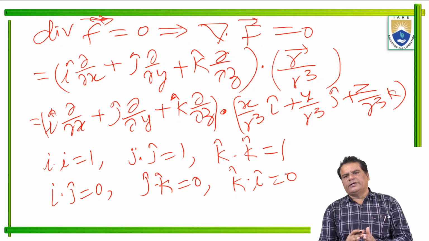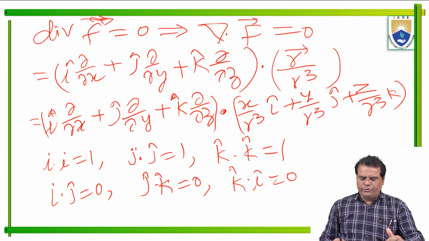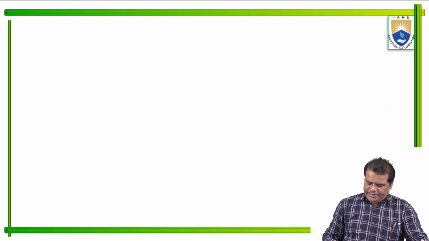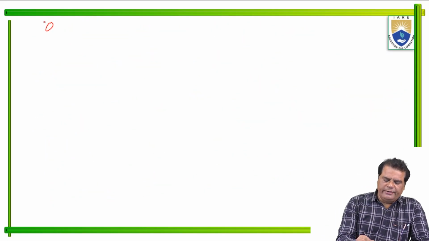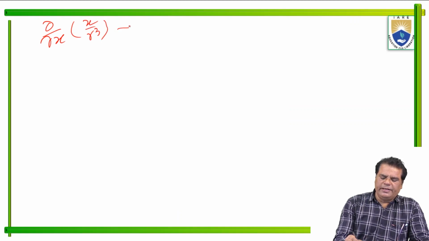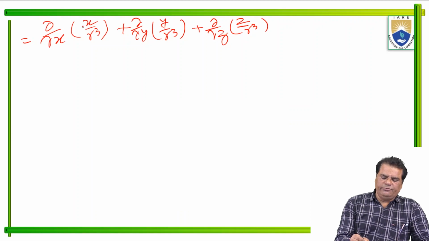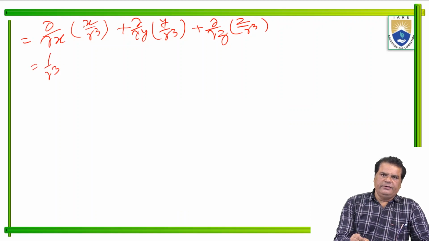So now taking the dot product between these two vectors, then we find divergence F. So here ∂/∂x of this. Finally we find here ∂/∂x of x upon r cube plus ∂/∂y of y upon r cube plus ∂/∂z of z upon r cube. Differentiating this with respect to x here. So x here is 1 upon r cube, x into 1, plus x constant.